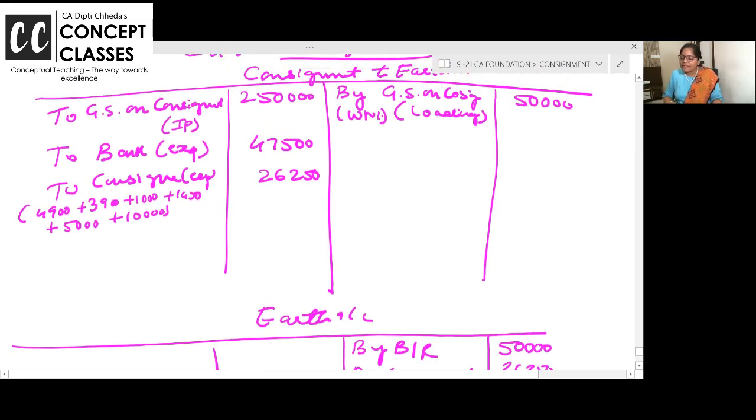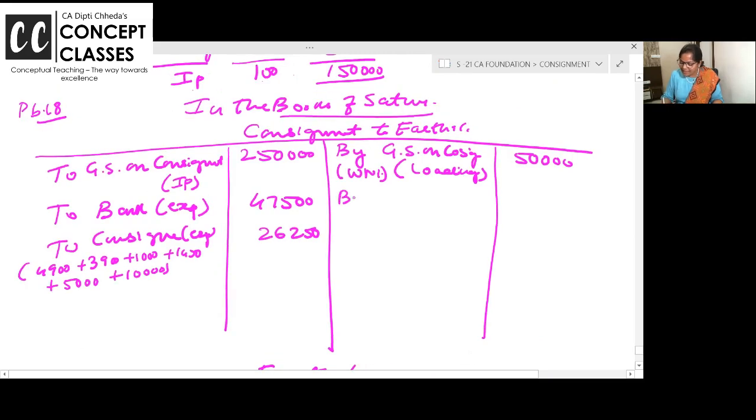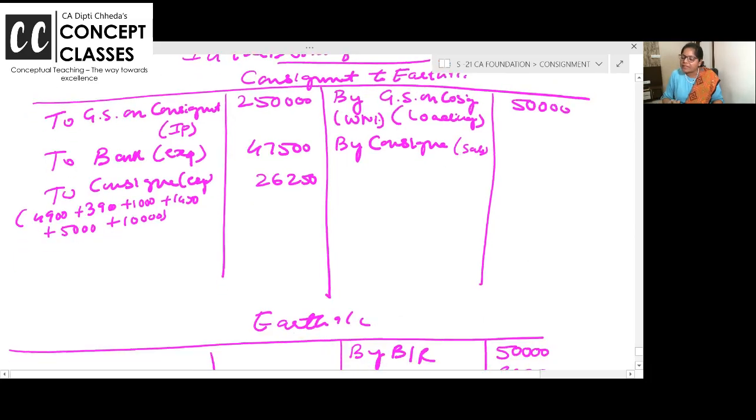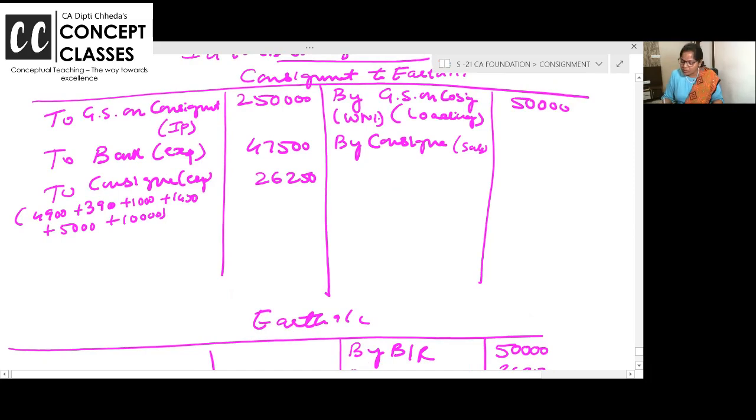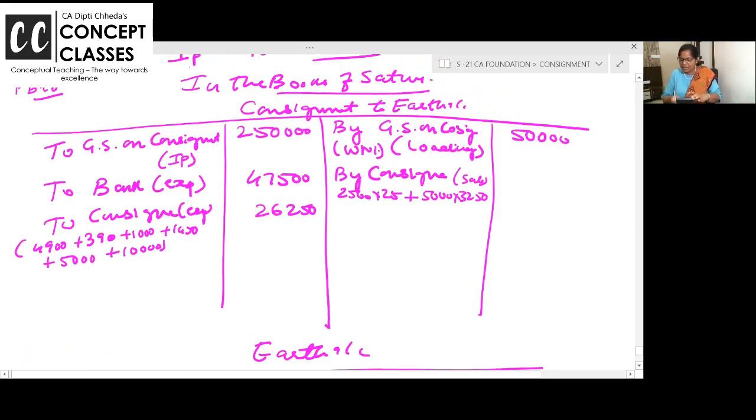Goods sold by the consignee, this side, by consignee, party to sales. We can write the name over here और करके लिखा है. अब sale का entry कर लेते हैं. How many units you have sold? 2,500 into 25 cash. 5,000 into 32.50 credit. Yes.